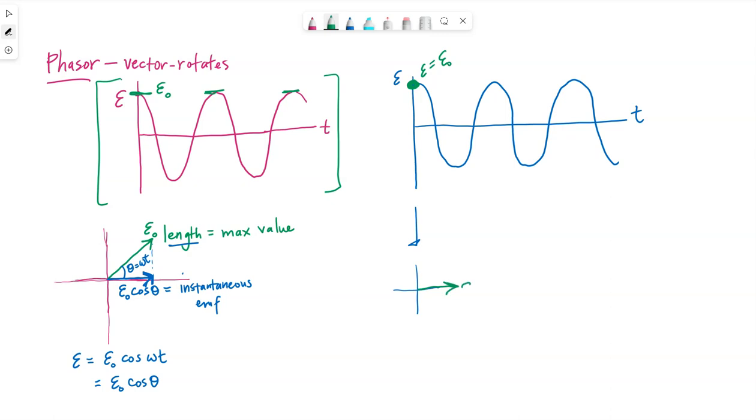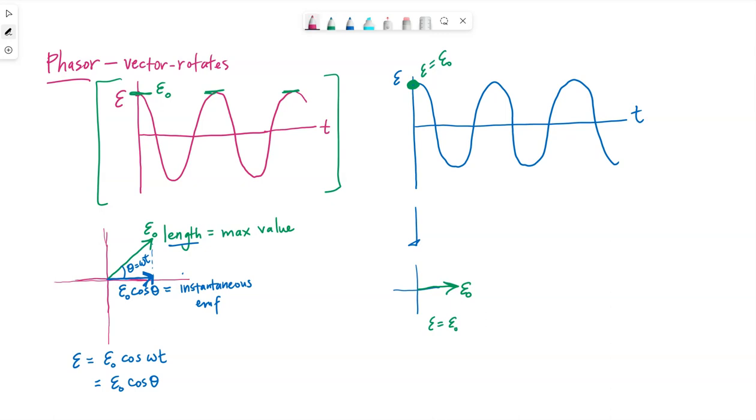I would draw my phasor pointing directly to the right, which means it is all in the x direction. And so the instantaneous value at this moment is the maximum source voltage.